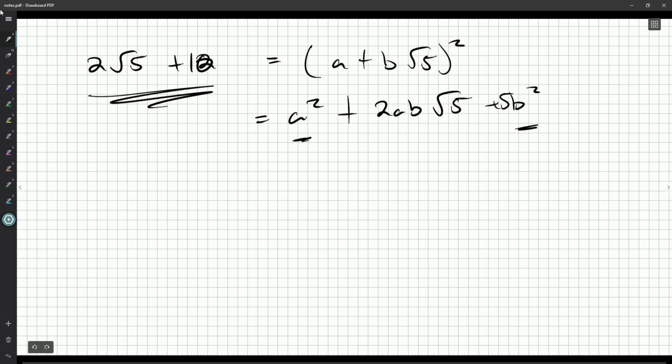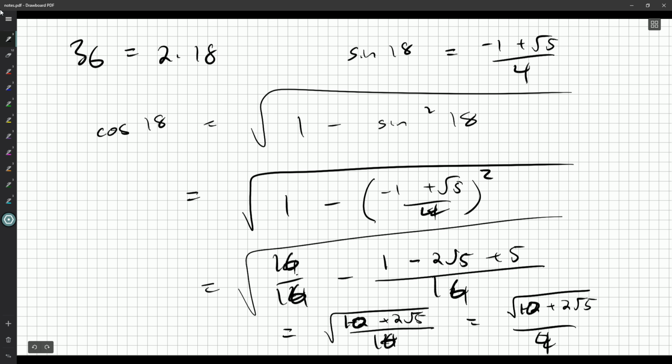So maybe, oh, hold on, let's make sure I didn't make another mistake somewhere. No, it looks like it should be 10 plus 2 root 5.